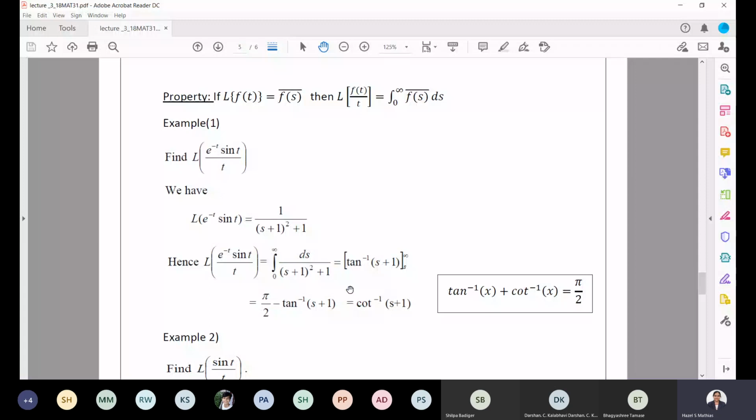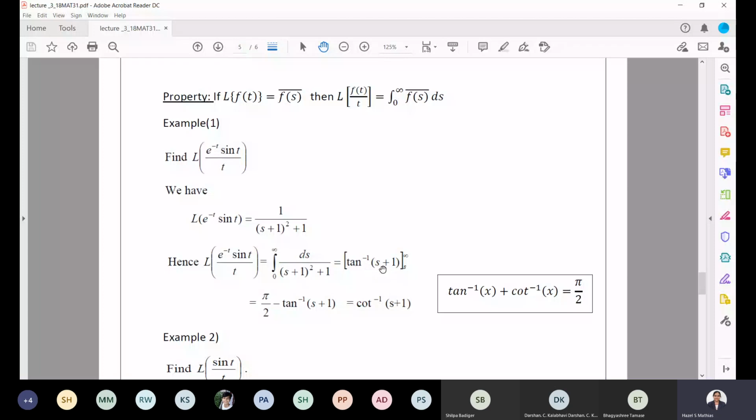As you have made the substitution, the limits will change from s to infinity. It is not 0 to infinity. Only after making the substitution will you get this. That's why the limits vary from s to infinity. Okay, now you apply the limit. What will be tan inverse of the upper limit minus the lower limit?